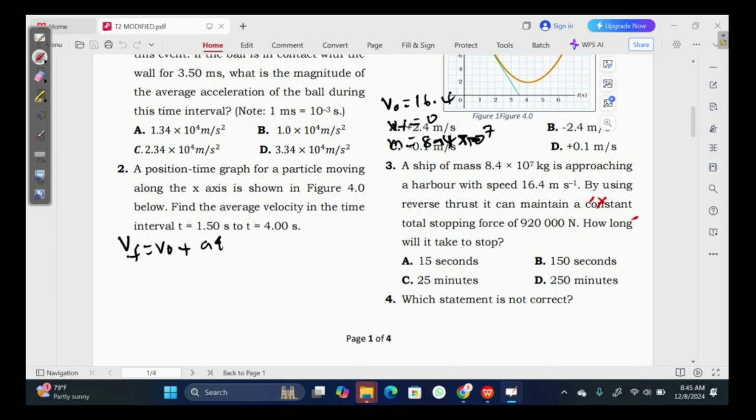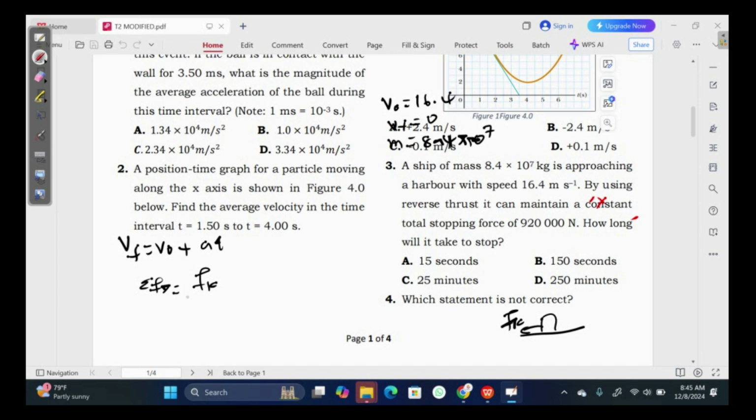But I don't have T. When we're talking about something being stopped, it was moving and has come to a stop. The only force acting at this point is the force of friction. So the summation of forces in the x direction, the only force acting is friction.